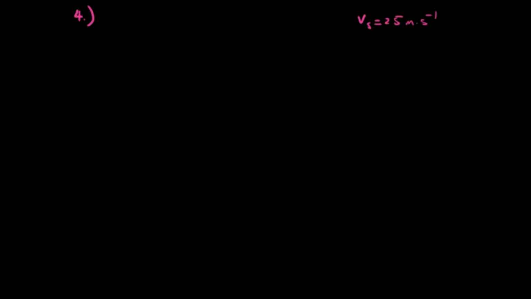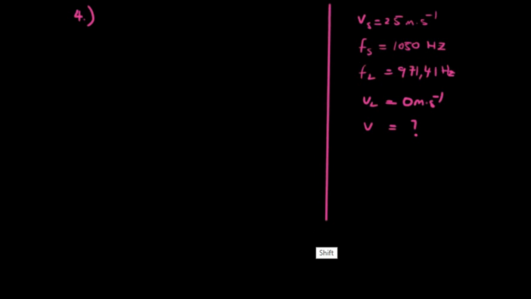And the sound source frequency Fs was 1050 Hertz, while the listener heard it at 971.41 Hertz. And we're looking for just the speed of sound in air on a normal winter's day in Canada. Alright, perfect. So let's just rule our margin.